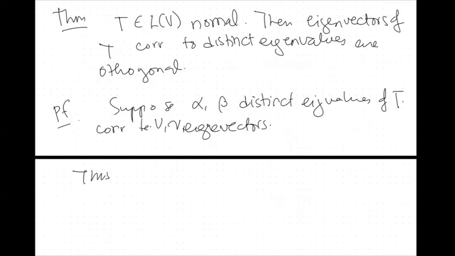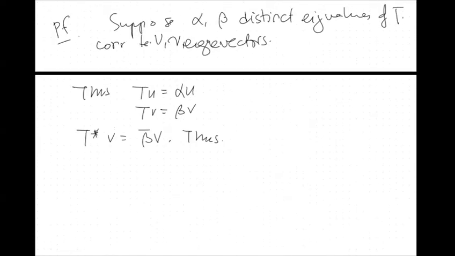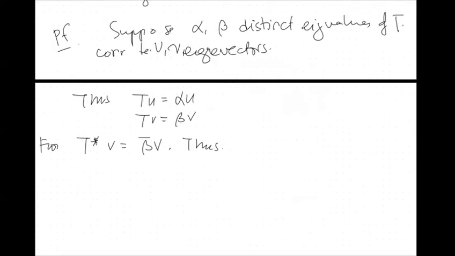Thus, by definition, T of u is equal to alpha u and T of v is equal to beta v. And then from our previous result, T star of v is equal to beta conjugate v.